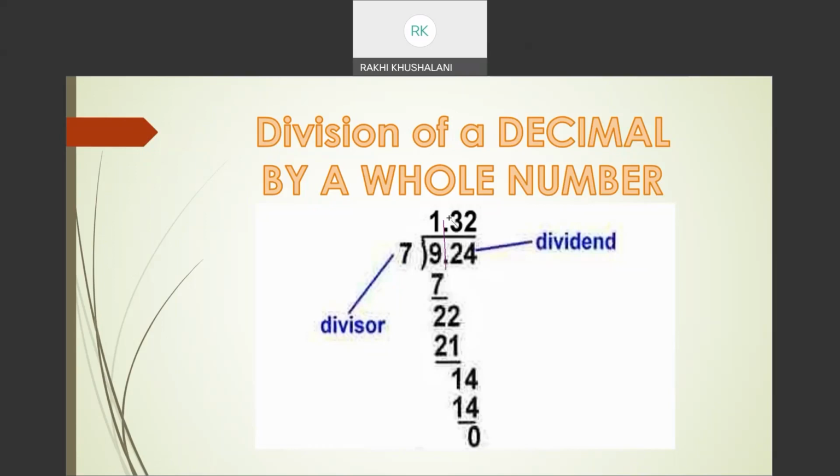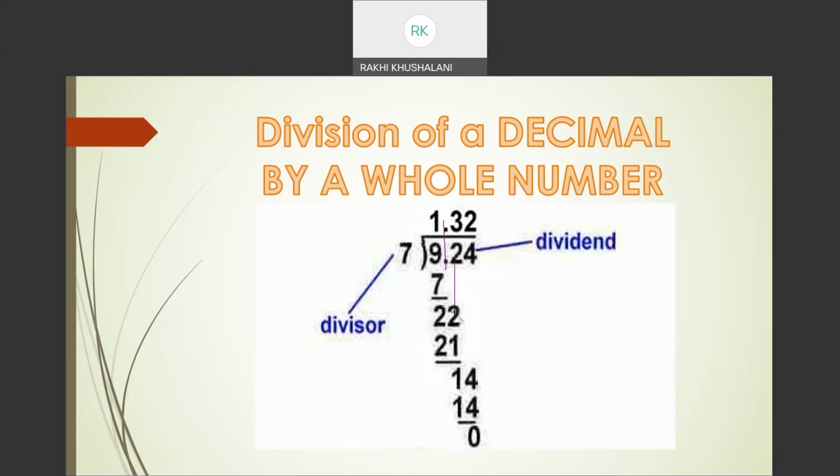Put the decimal and continue your division just as the regular division you do. So here 7 into 1 is 7. The remainder is 2. Let's do the subtraction. Sorry, the remainder is 2. Let's bring down this 2.